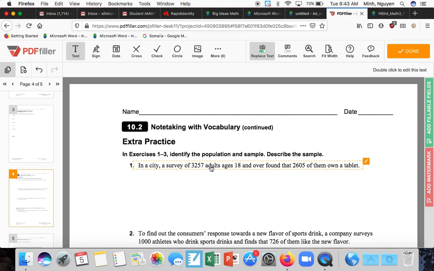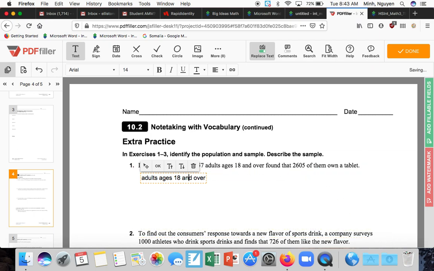Do you think there's only 3,000 adults ages 18 and over in that city? I mean, it would be a pretty small city, right? So the population is the biggest group.